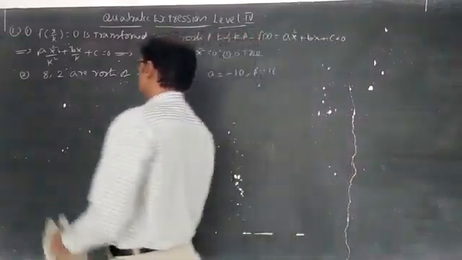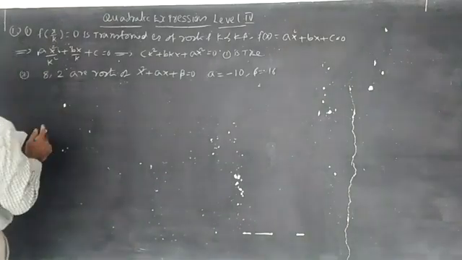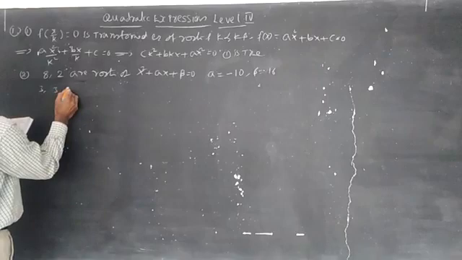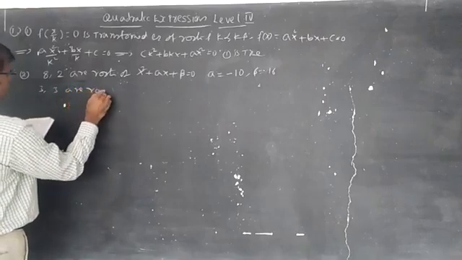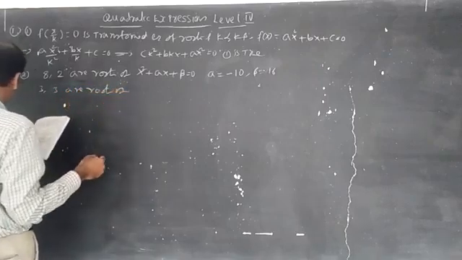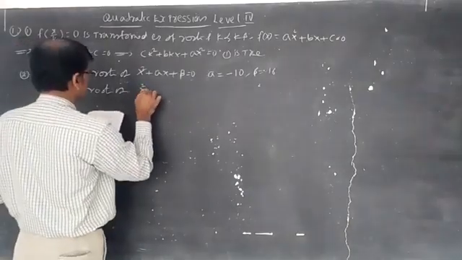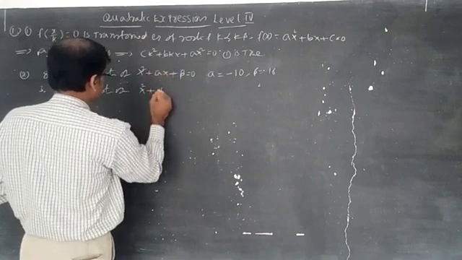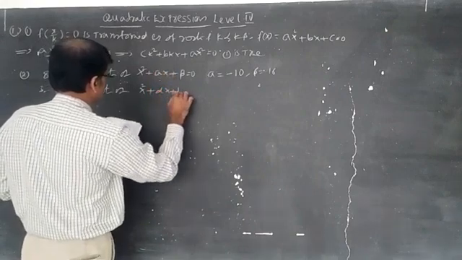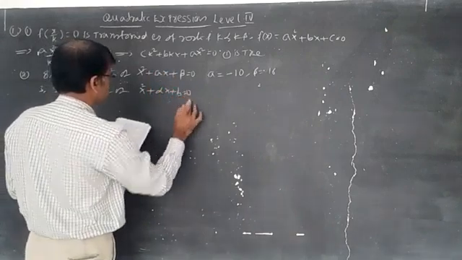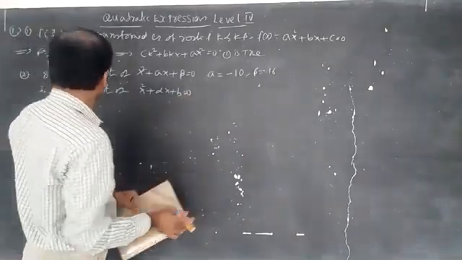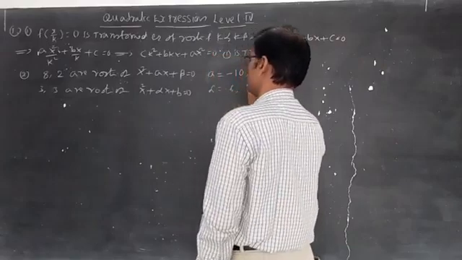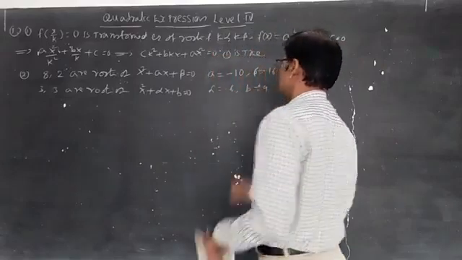Product of roots 8 into 2 is equal to 16. And another roots is given as 3, 3 are roots of x square plus alpha x plus b is equal to 0. In this sum of roots, alpha is equal to minus 6 and b is equal to 9.